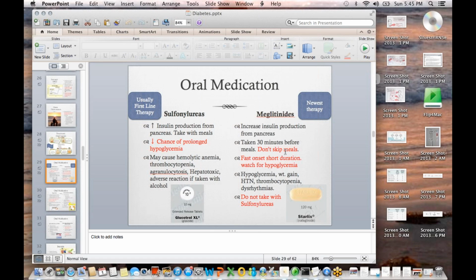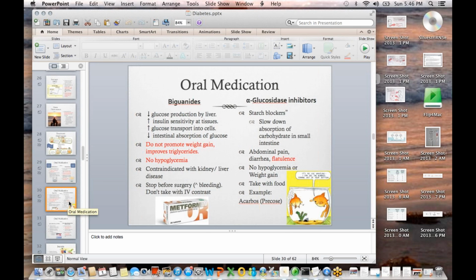So they have a high chance of hypoglycemia, and you don't want to necessarily combine that with a meglitinide because that one's also going to increase the production from the pancreas. Does that make sense? It's like double dosing, I guess. So sometimes your combination therapies can be to one, increase insulin production, and two, to increase the sensitization.